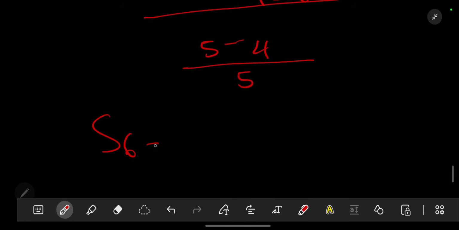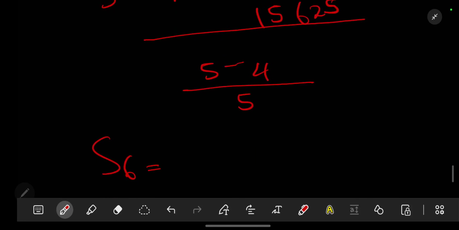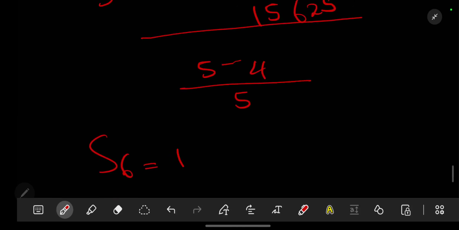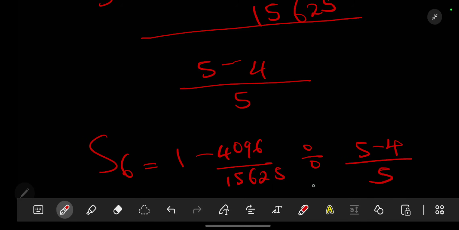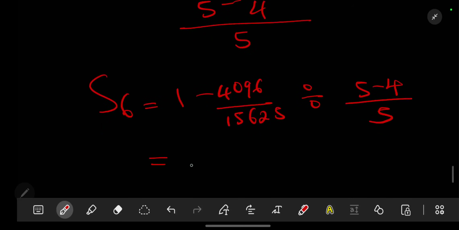So the sum of the 6 terms is 1 minus 4096 over 15,625. Then we divide this by 5 minus 4 over 5. So let's do this.